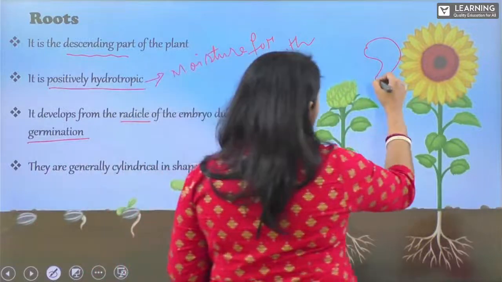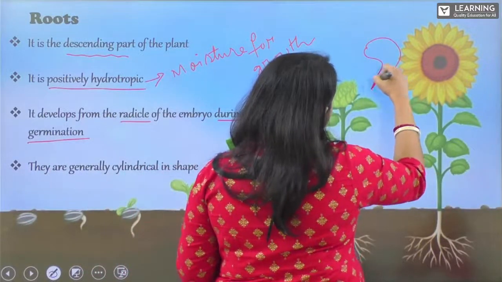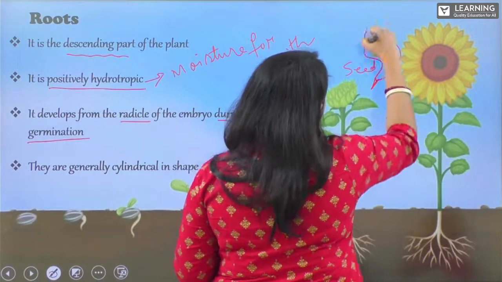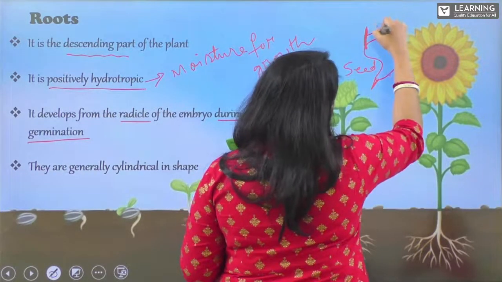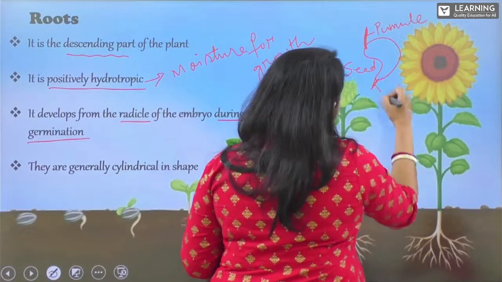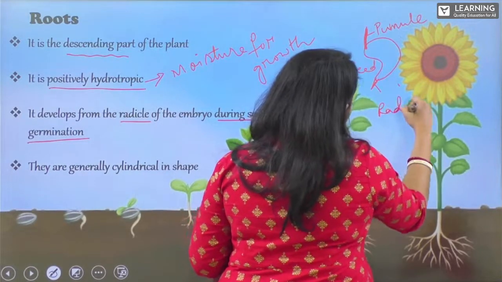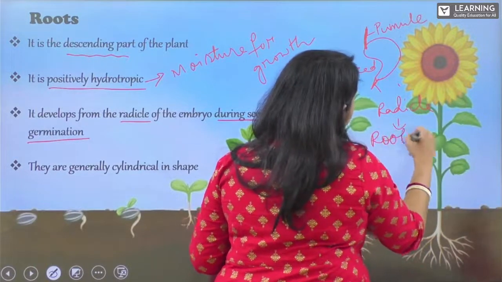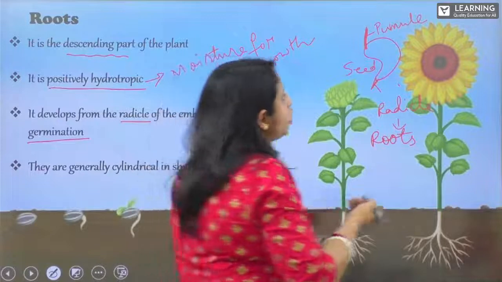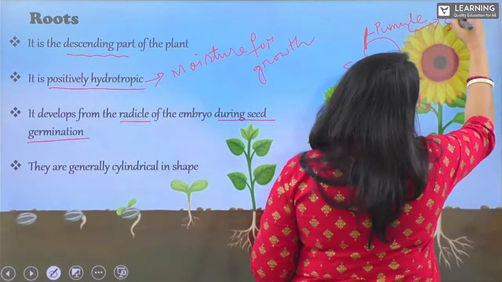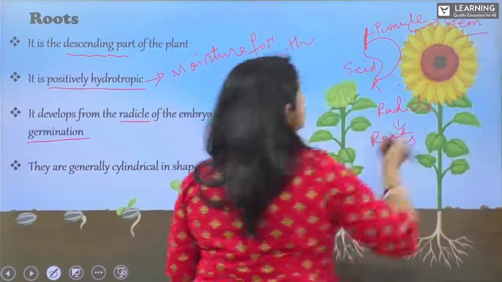This part is the radicle. If this is a seed, for example, this one is your plumule, and this one is the radicle. So from the radicle, the roots develop. Is that clear? And from the plumule, the shoot or the stem develops.